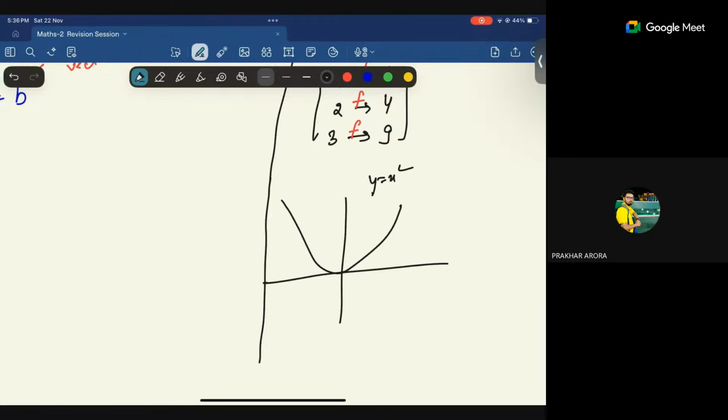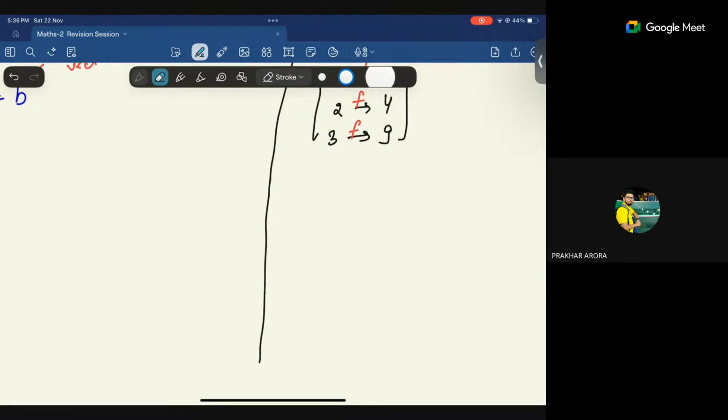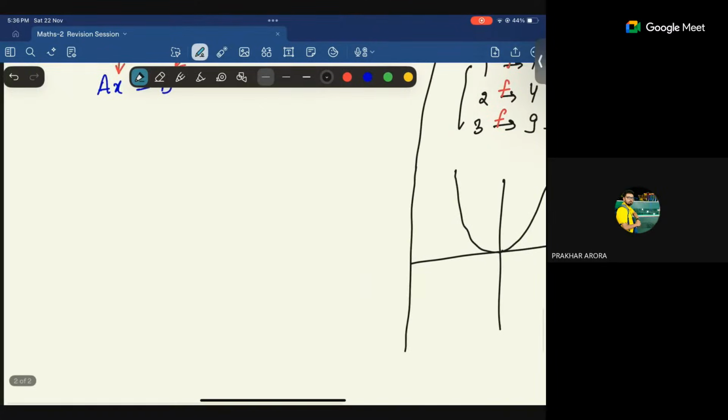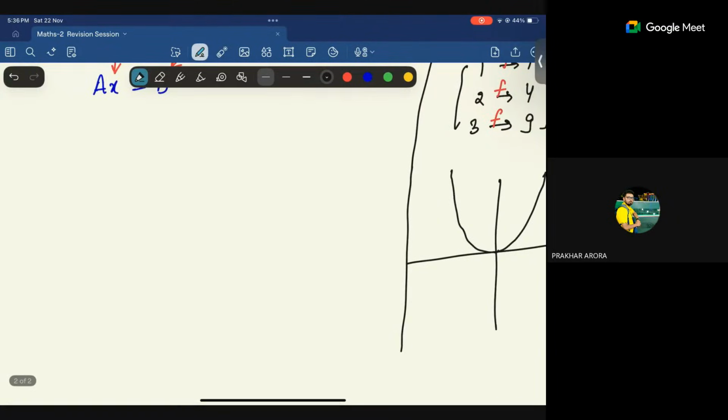So what happened here is these points got transformed to these points here. This is how we imagined a function to look like. This is how we draw our function, this is our function f of x. How do we represent a linear transformation?